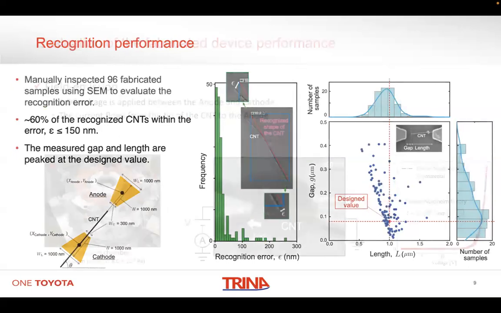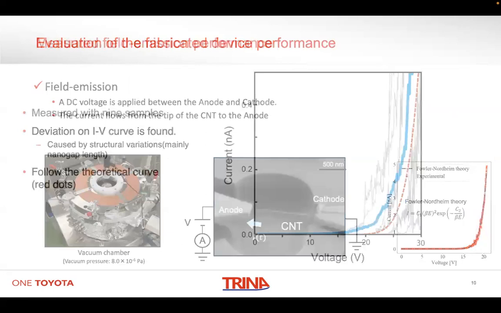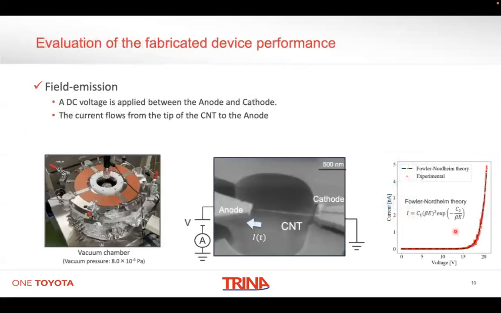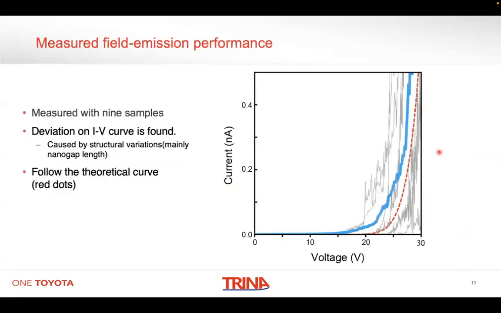This structural variation causes this kind of fluctuation or deviation. But here, this red curve shows the theoretical value calculated from this theory. And here you can find that the behavior of the measured result totally follows the theoretical curve. This shows that we can successfully make field emitters.